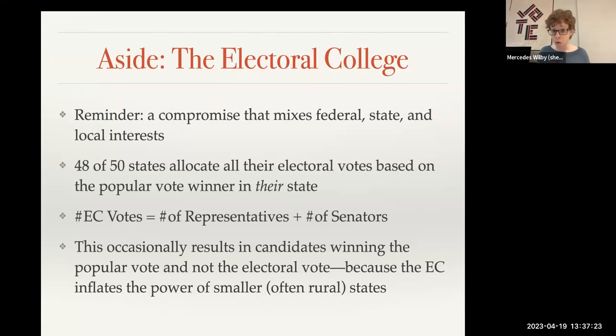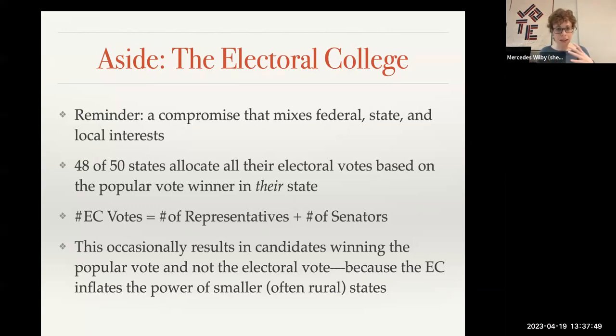Now, smaller, more rural states with lower populations actually have a slightly louder voice in the Electoral College. And this makes sense if we think about it, because we know that the Senate was created to protect smaller states, right? It was part of the Great Compromise that was to get smaller states on board and say, hey, small states, you'll still have an equal say to larger states.